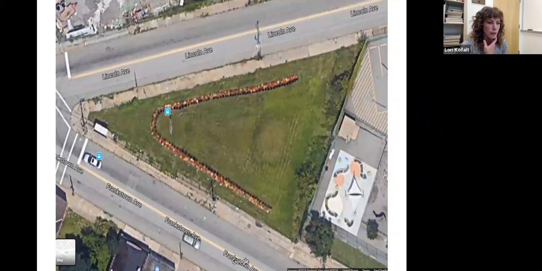But when we were discussing plans for this, we wanted to make sure that we were talking to Lincoln Pre-K through 5. And after some of those conversations, we decided that it would be great to convert the site to a teaching rain garden that would support pollinators and could be used as an extension of outdoor classroom time.